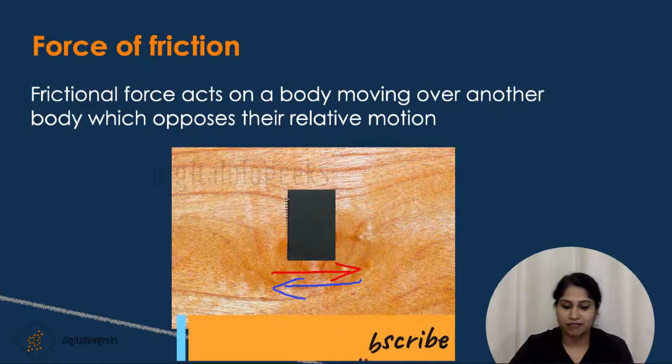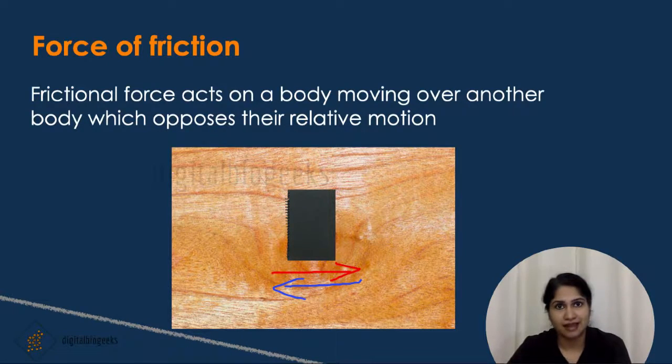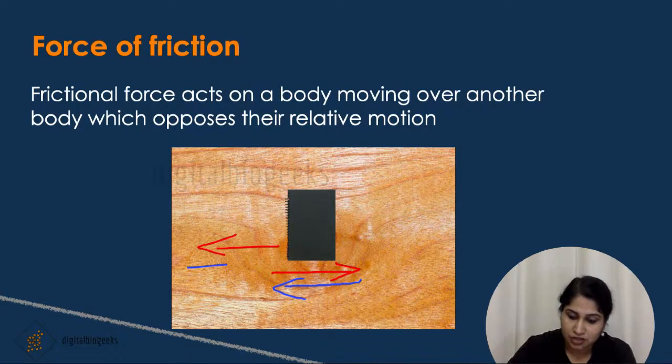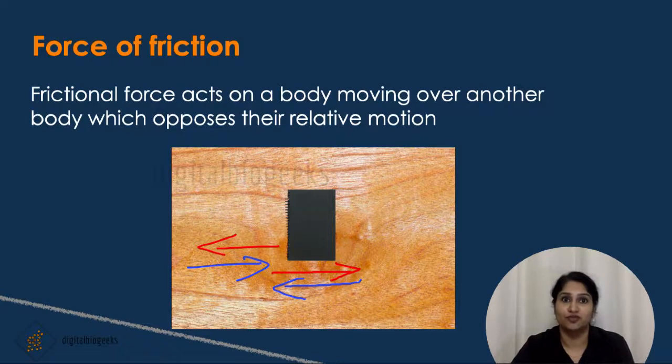That means if the book moves towards right, the frictional force acts towards left. Now push the book towards left. Then the frictional force will act towards right and then the book stops. From this experiment, we can conclude that the frictional force always acts in the opposite direction of the moving object.